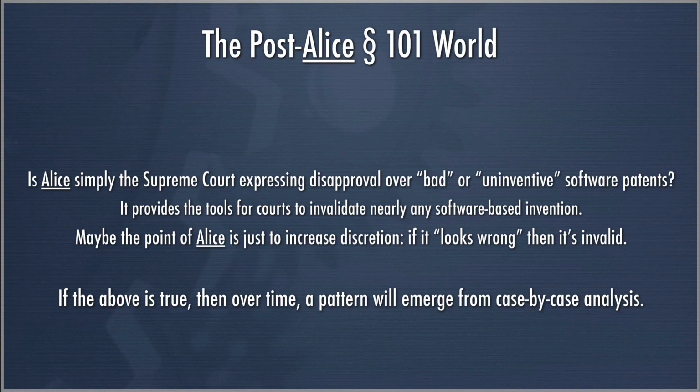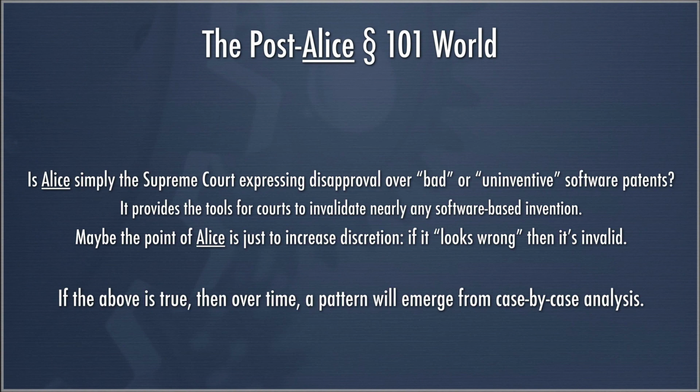Make it an easier way of invalidating patents that appear to be problematic because they're abstract ideas, and in particular these sort of software patents that many people believe just don't seem right, and that may be hard to get at under conventional 102, 103, 112 analysis.